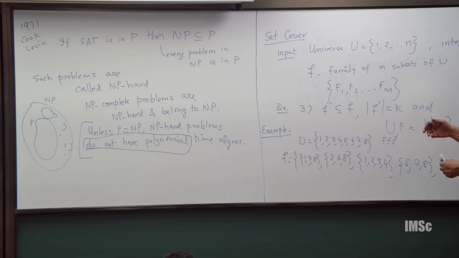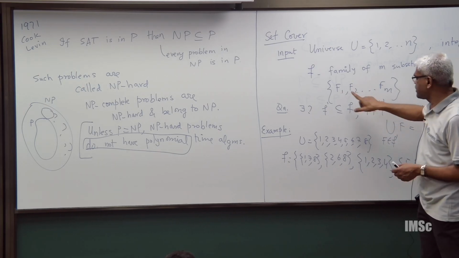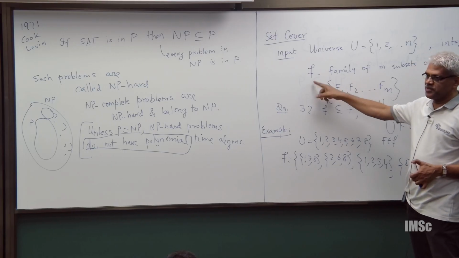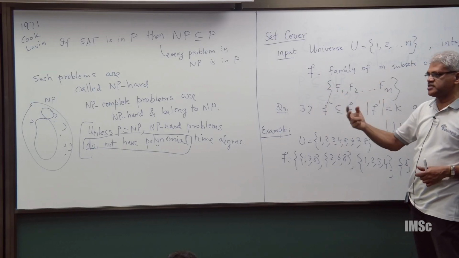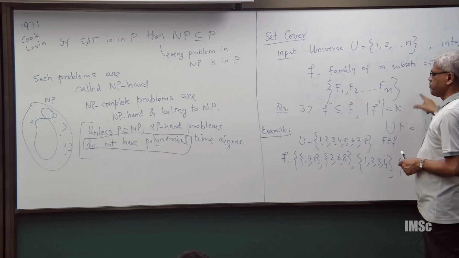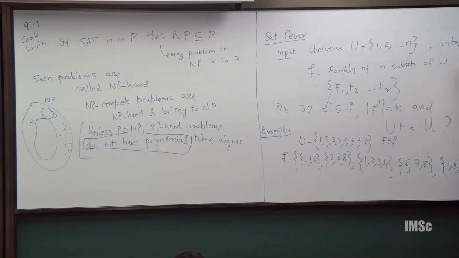Yeah. So, try all 1 element subsets, try 2 element subsets, try 3 element subsets, and by subset I mean subsets of this family, which means 3 sets, 2 sets. Or if I care about k, you can try all possible sub families of size k and check whether they cover. So, how much time is that going to be?